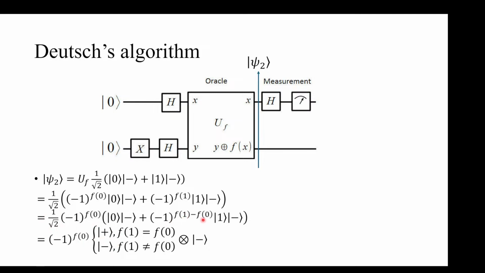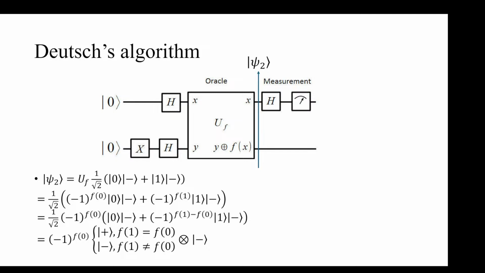And if f1 doesn't equal to f0, then you have 1 here, and then you have 0 minus 1, and I guess you can have -1 or +1 here, but it doesn't matter. Okay. And in the end, if f1 doesn't equal to f0, so you have 0 minus 1 here, and the first qubit will be the minus state. Okay, so plus state if f1 equal to f0, and the minus state if f1 doesn't equal to f0.